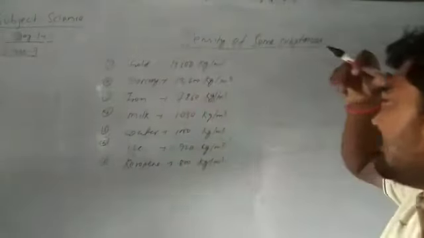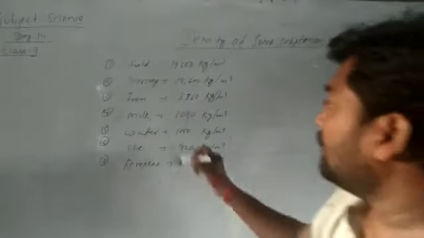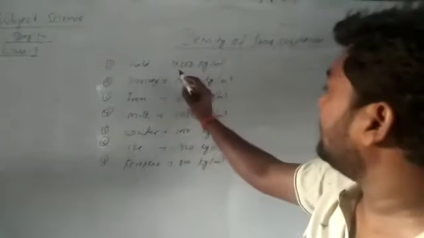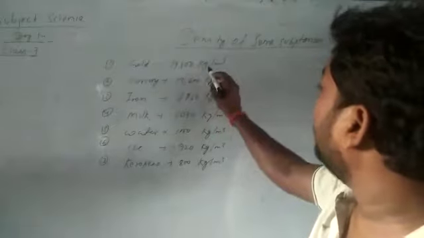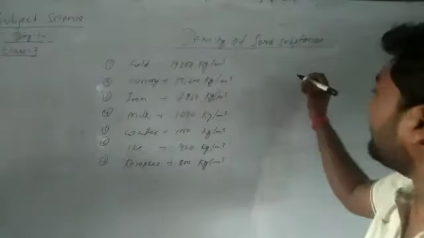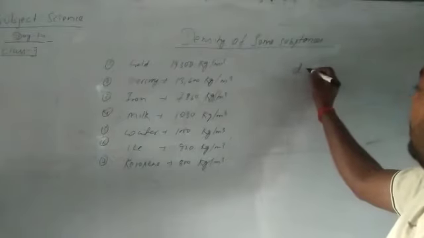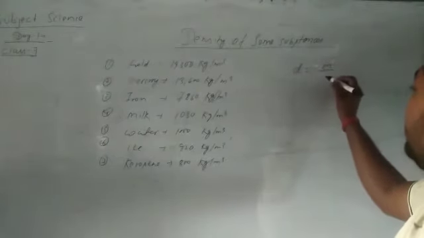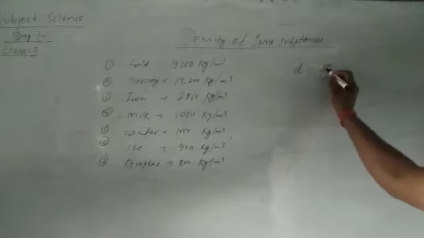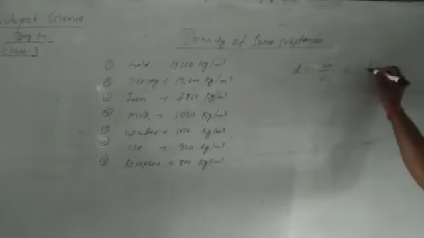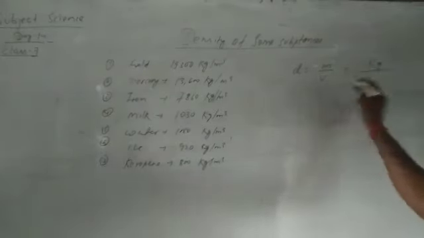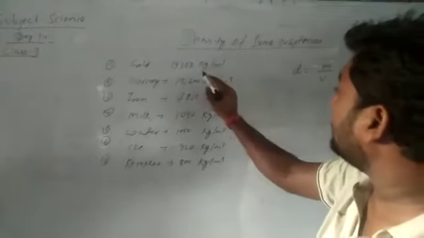Here are the densities of some substances. Gold is 19,300 kg per meter cube. Its unit: density is mass upon volume, mass in kg and volume in meter cube, so the unit is kg per meter cube.